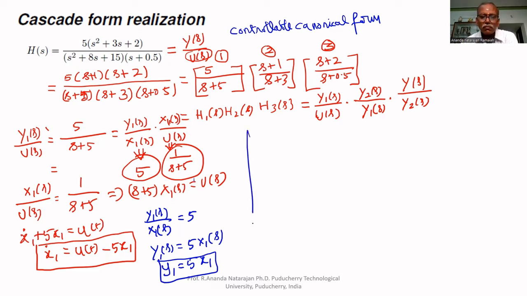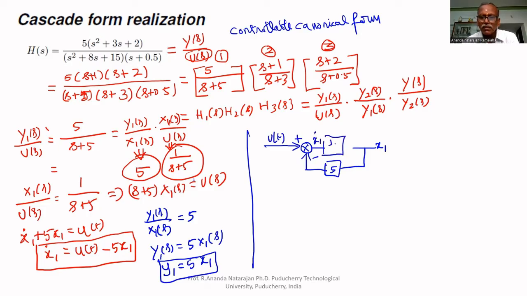So we can obtain the controllable canonical form for this. Let us assume that x1 is available. So we subtract 5 times x1, and if you add u of t together, you will get x1 dot.